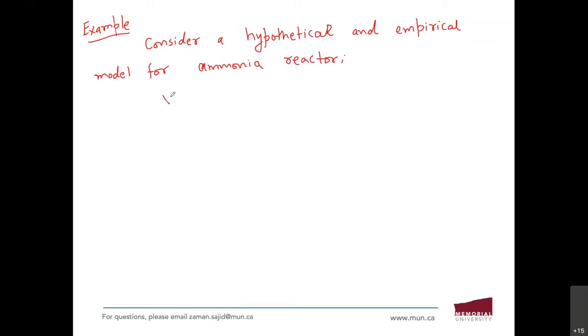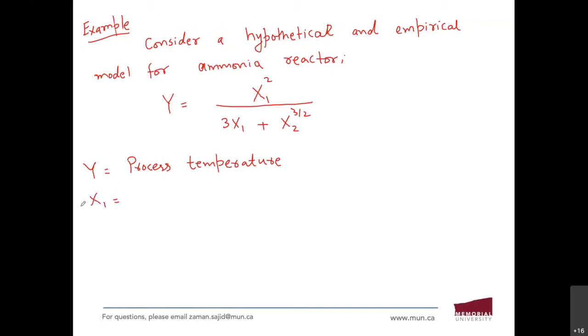Y is equal to x1 square over 3x1 plus x2 power 3 by 2, whereas Y is your process temperature, your x1 is the thickness of the reactor wall.